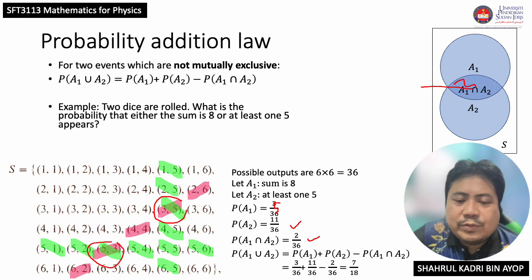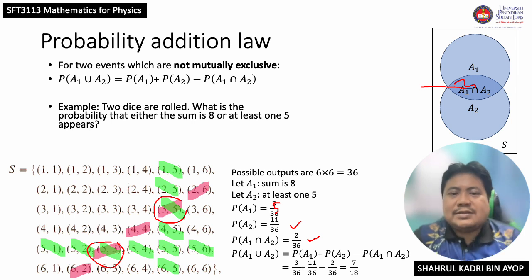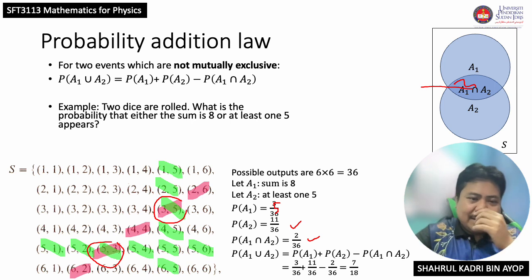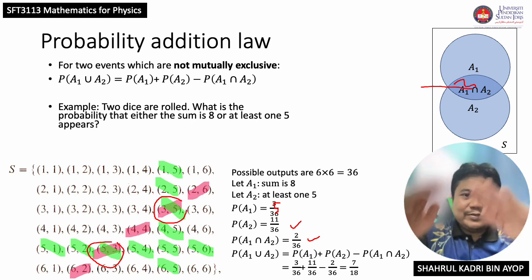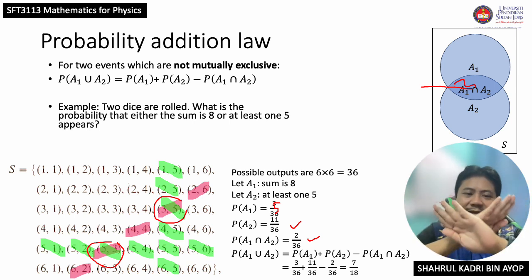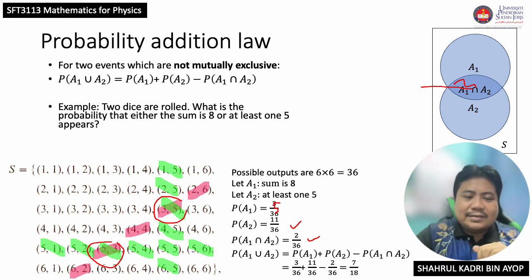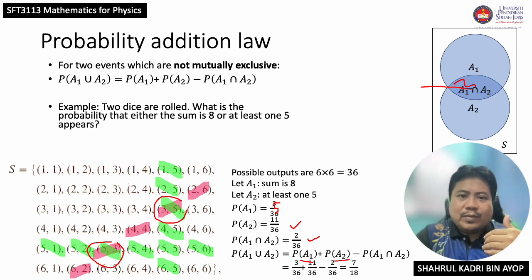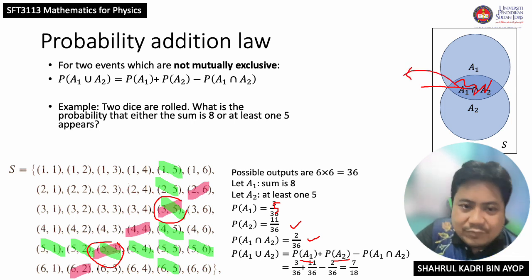Why do we have to subtract this? Because it is counted twice. It is already calculated in A1, and it is also calculated in A2. So we have to subtract one of them to remove the double count.